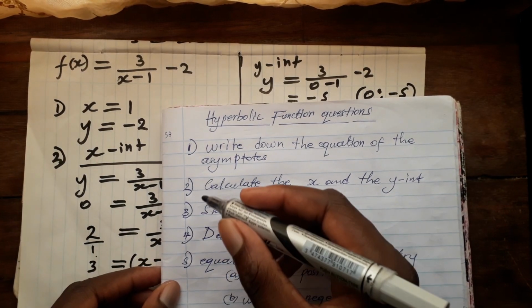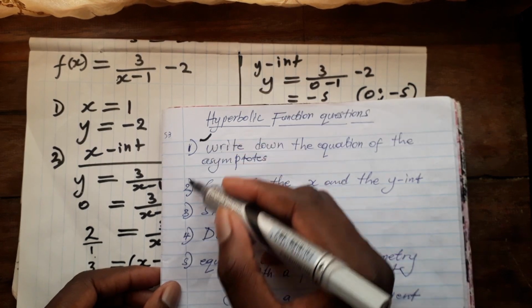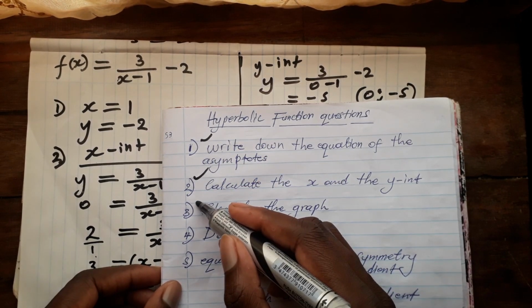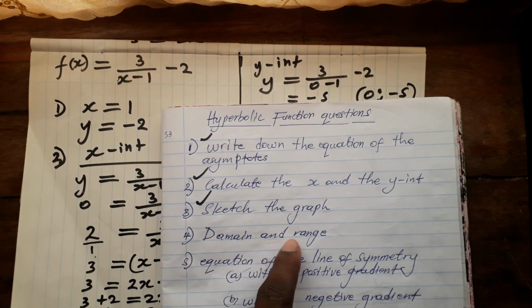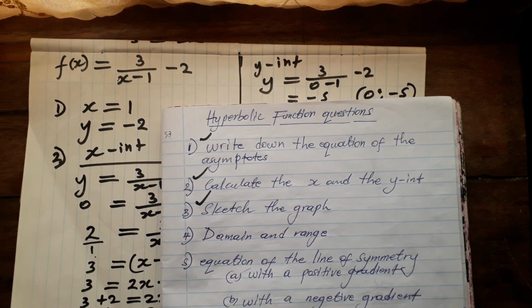Now we are done with the first question, second question, the third question, and we go to domain and range. Remember, I said when you write the domain and the range, you use the asymptotes.